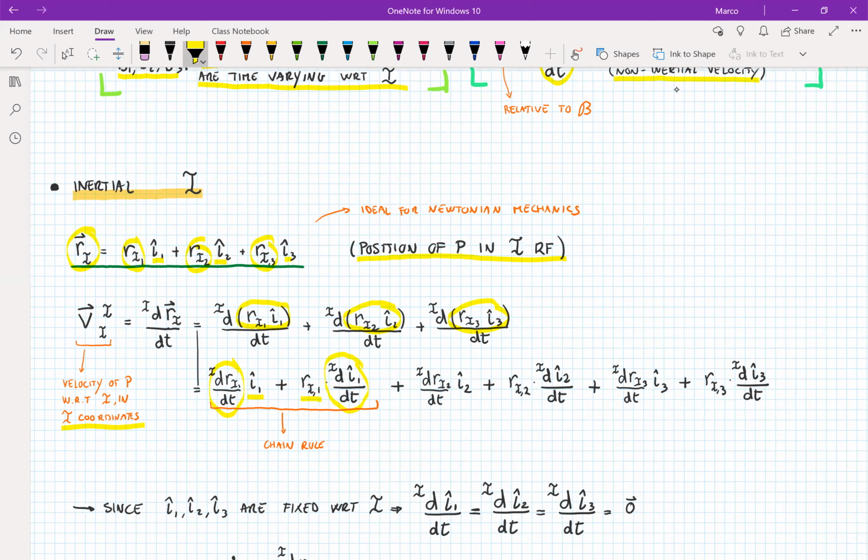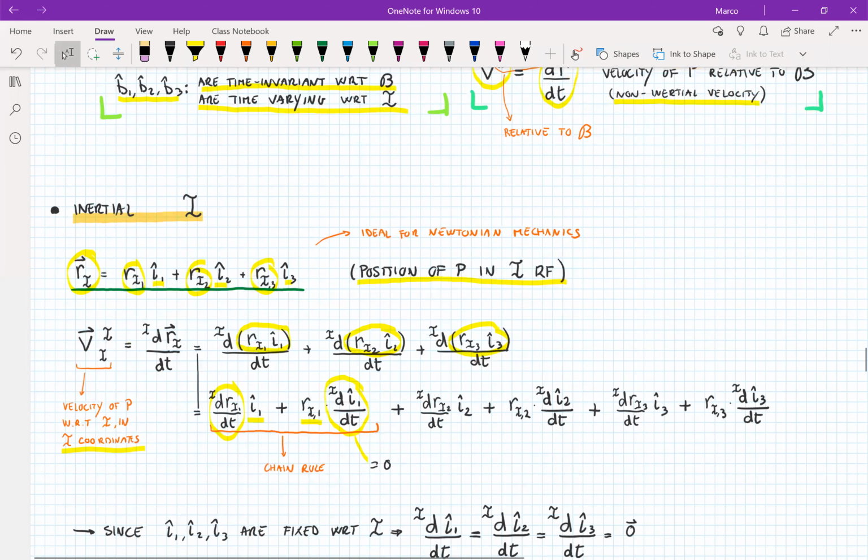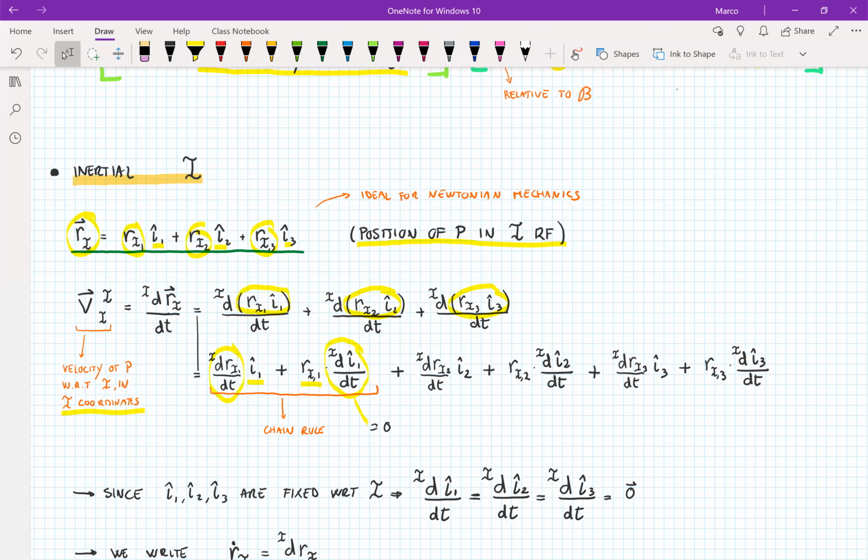You can see right away that this is 0. dI over dt is 0. And why is that? It's because the versors I do not change. They are time invariant with respect to the inertial frame itself, as I said earlier. I1, I2, and I3 are time invariant with respect to the inertial frame of reference.